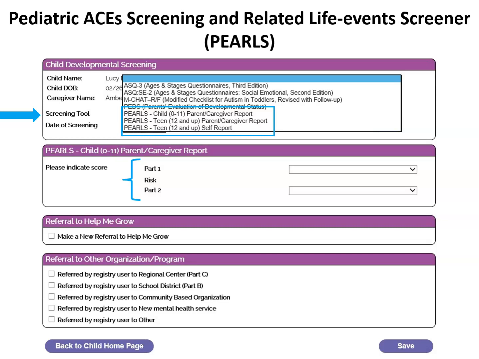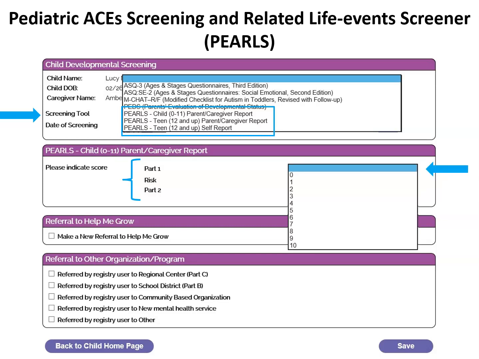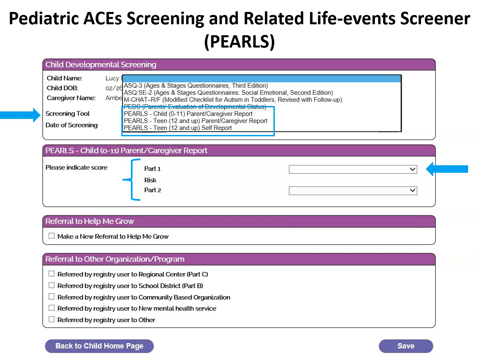But in general, for a Pearls tool, you'll start by indicating the part one score. So you'll click here and be able to choose from a drop-down of 0 to 10, the score range that's indicated by the Pearls tool. And then the risk we'll talk about in a couple of the examples moving forward, and how that may auto-populate or how you may need to answer a couple of extra questions.